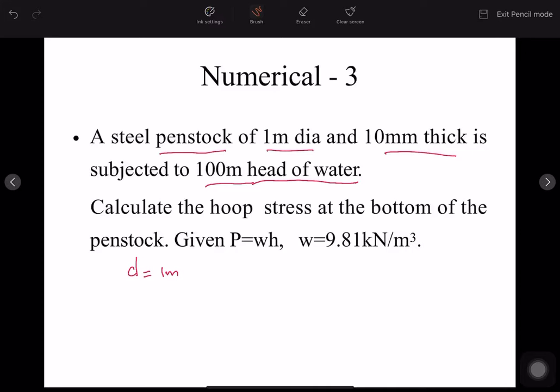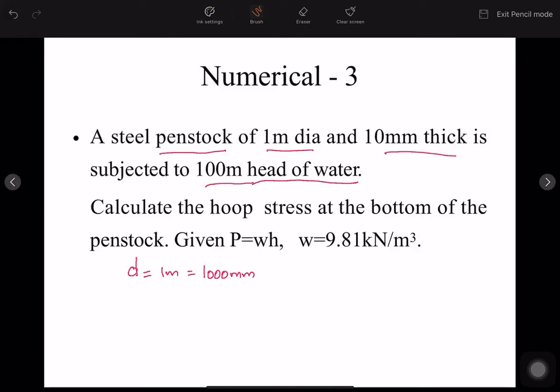1 meter diameter of the penstock. What is meant by penstock? Penstock is a kind of pipe, a huge pipe, which is used for diverting of water from upstream to downstream in hydroelectric power plants.